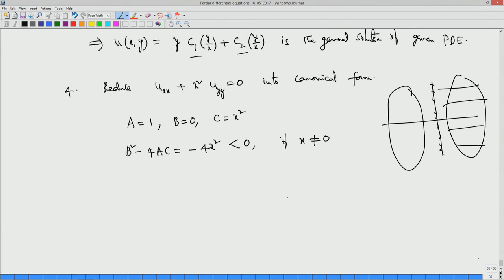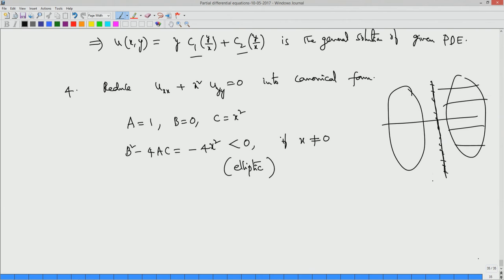What happens, because this is negative, the equation is an elliptic equation. Given equation is elliptic clearly, and then x equal to 0 you need not consider because this is a one dimensional line, that is x equal to 0, the y axis.